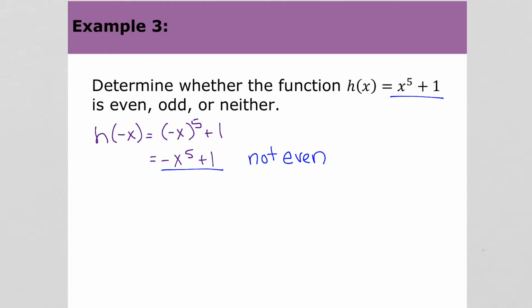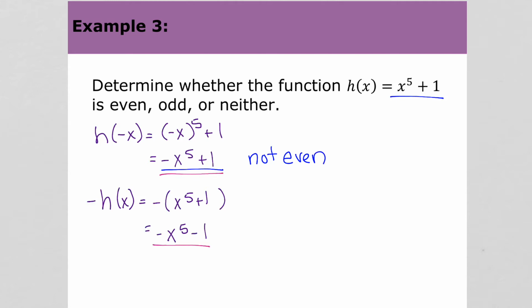Then, to help us figure out if it's odd, we find negative h of x. What does that mean? That means take the whole function of h of x and make it negative. So we're just going to distribute this negative through here. And then we ask ourselves, is this the same as this one?